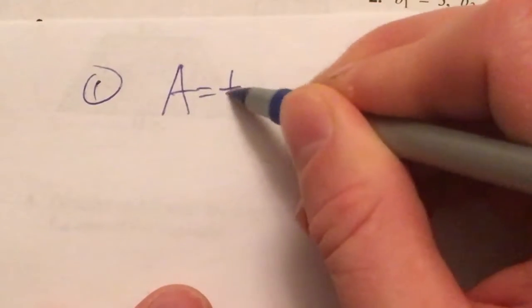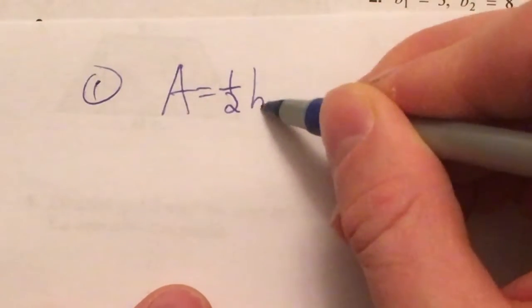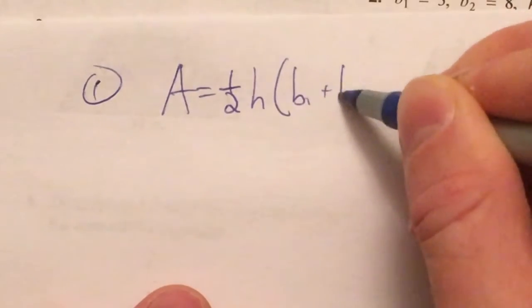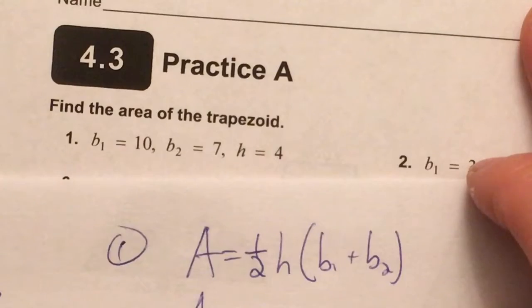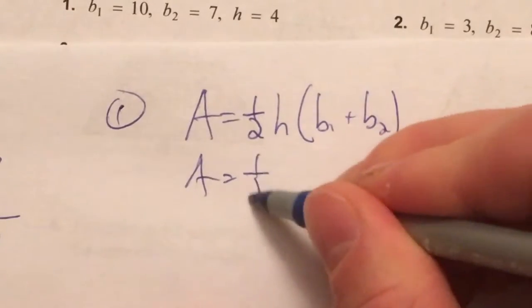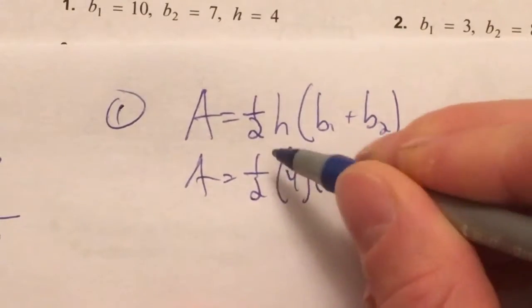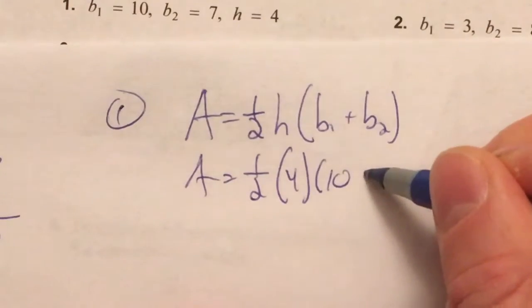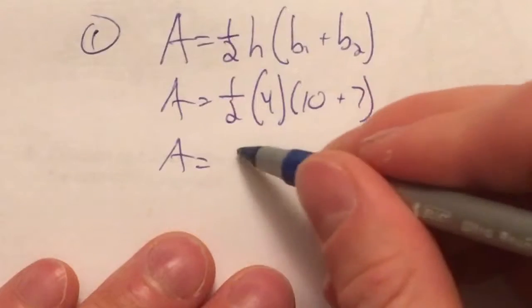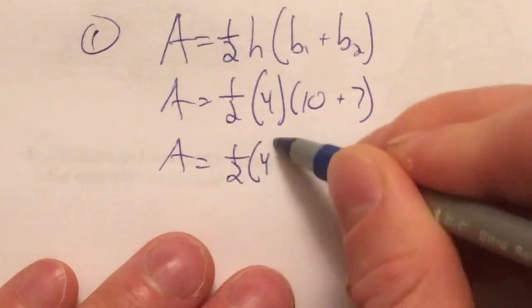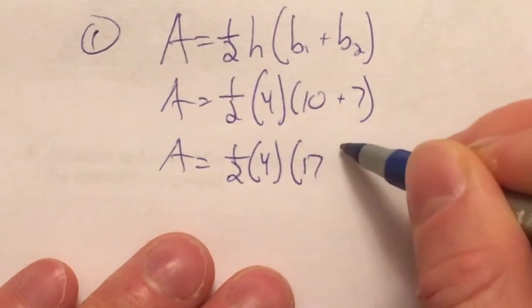You don't even have to draw that thing. You can just plug it right into the equation. 1/2 times the height times b1 plus b2. Because they give you the numbers. Again, the height is equal to 4. So 1/2 times 4, and b1 is 10, and b2 is 7. And we work through it just like the previous one. 10 plus 7 is 17.